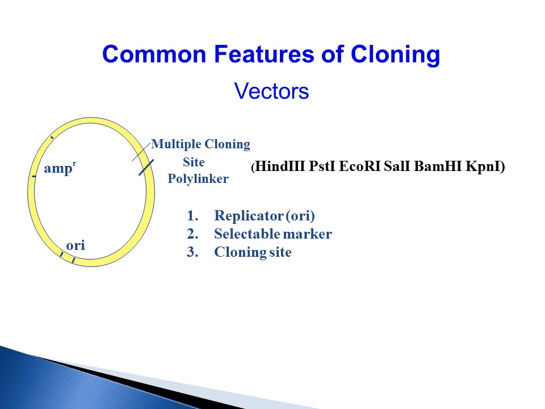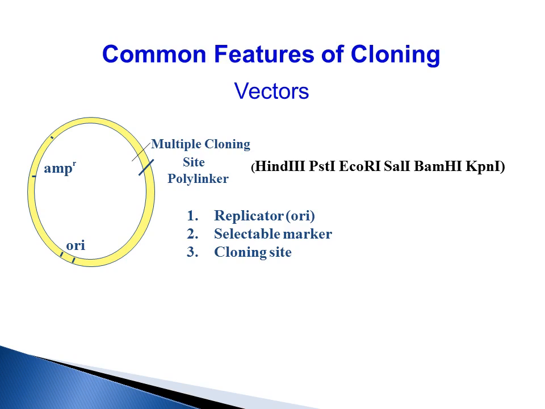So why do we use vectors? Well, vectors have things that are absolutely essential for recombinant DNA technology. For example, we're going to talk about the plasmid because that's one of the more common vectors used. Plasmids have an origin of replication, and that origin of replication in your plasmid is going to depend on what organism you put your vector into. So a lot of times we use E. coli for cloning. So the plasmid would have the origin of replication for E. coli.